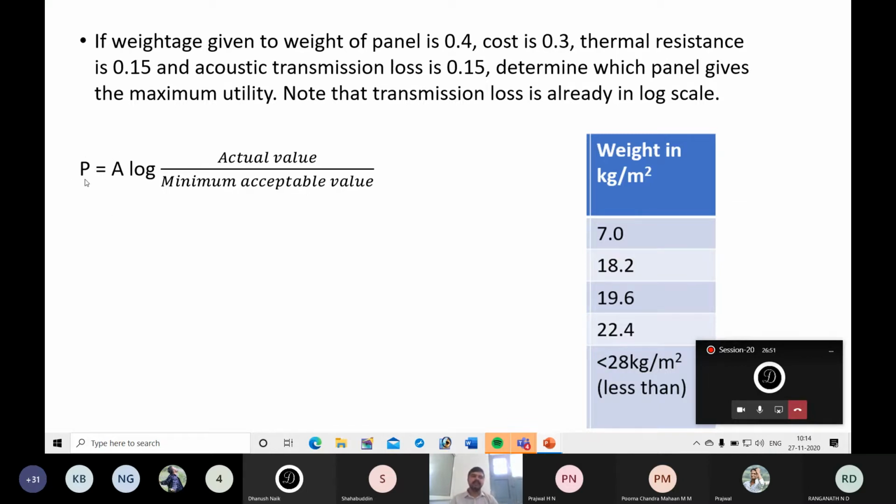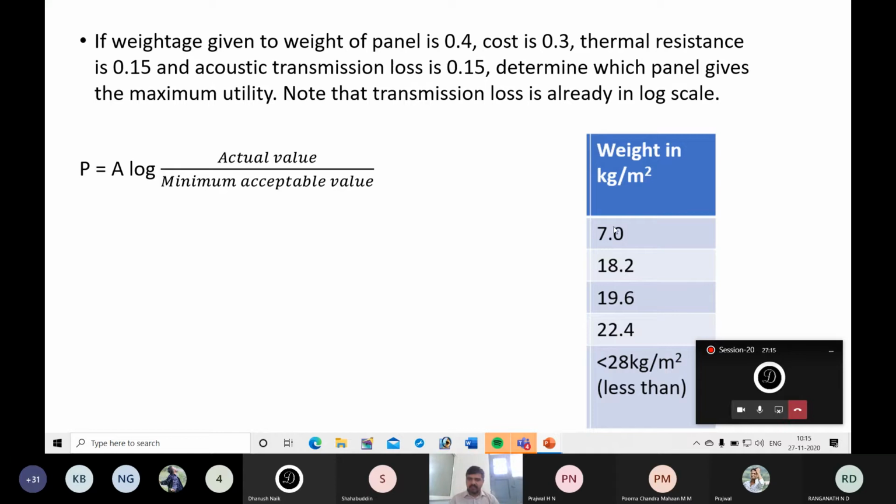Now, based on our discussion in the previous session, we can assume or assign a value for P. If you consider a scale between 0 to 10, the maximum desirable value is 10 and the minimum value is 0.